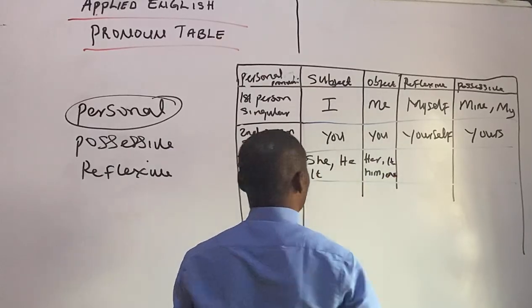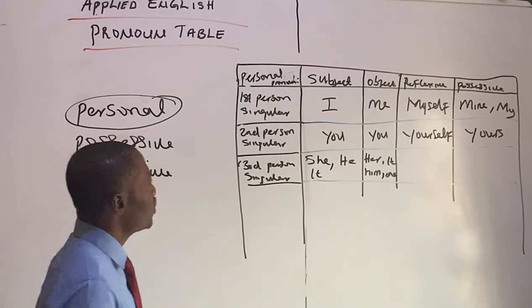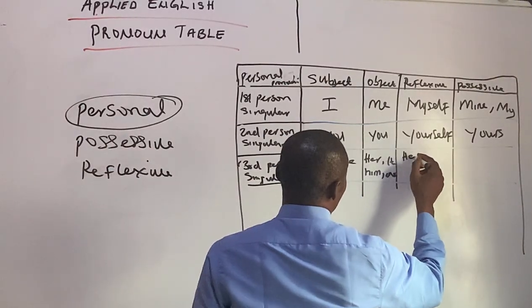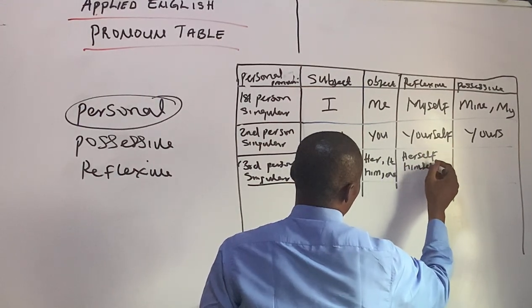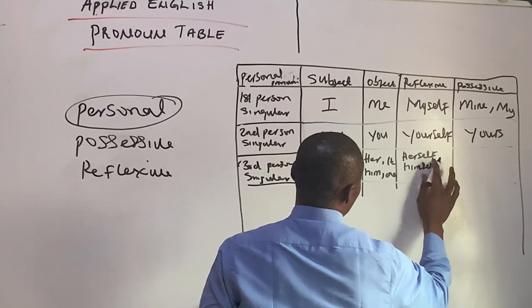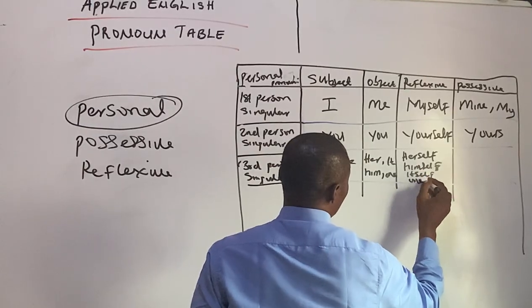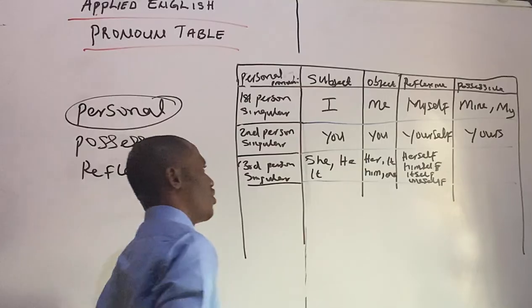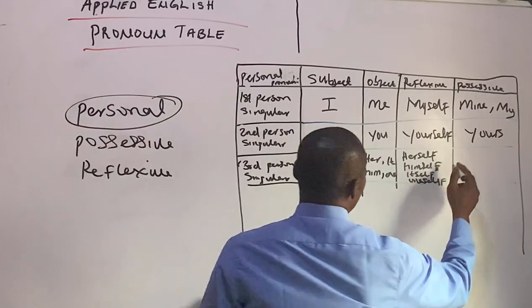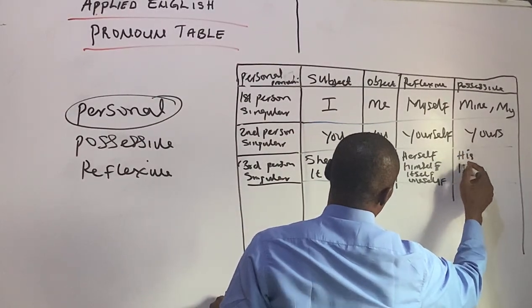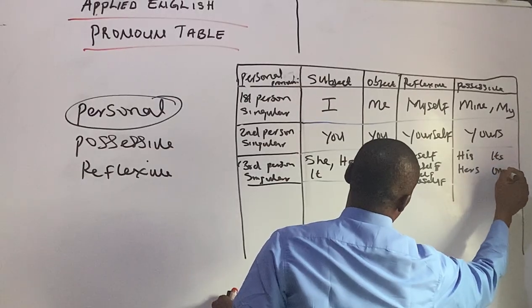For the reflexive level, you use herself, himself, itself, and oneself. At the possessive level, you use hers, his, its, and one's.